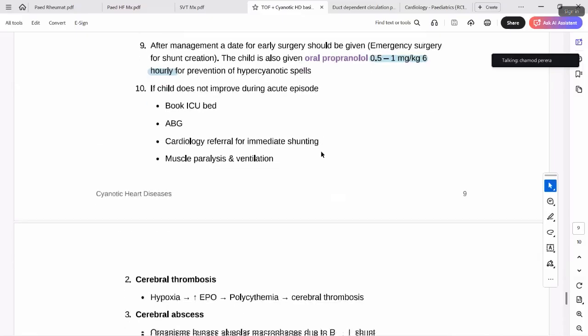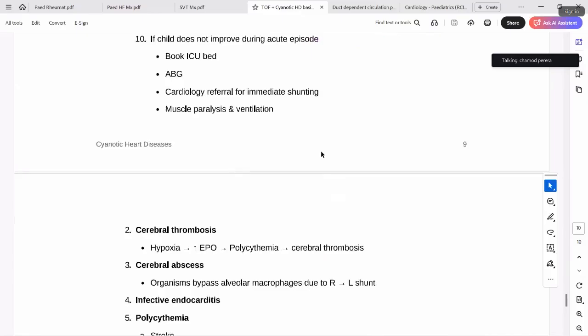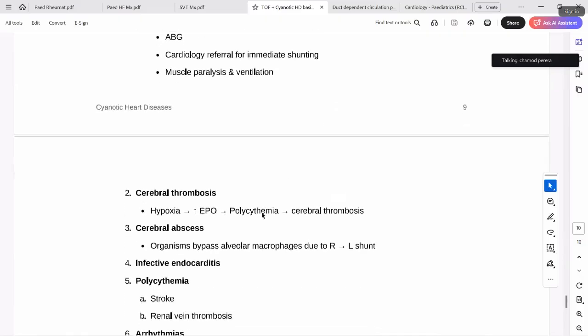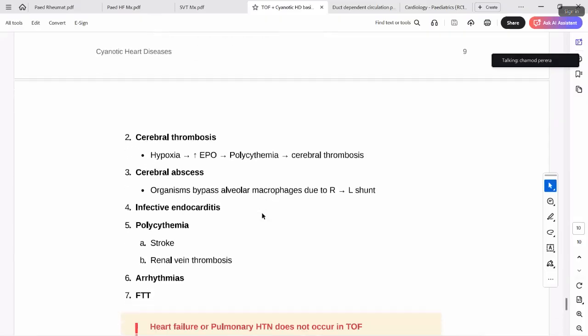Right. Then another complication that these patients tend to develop is cerebral thrombosis. As I mentioned earlier, with the polycythemia, they tend to get cerebral thrombosis. And also, because of the right to left shunt, blood is going to bypass the lungs.